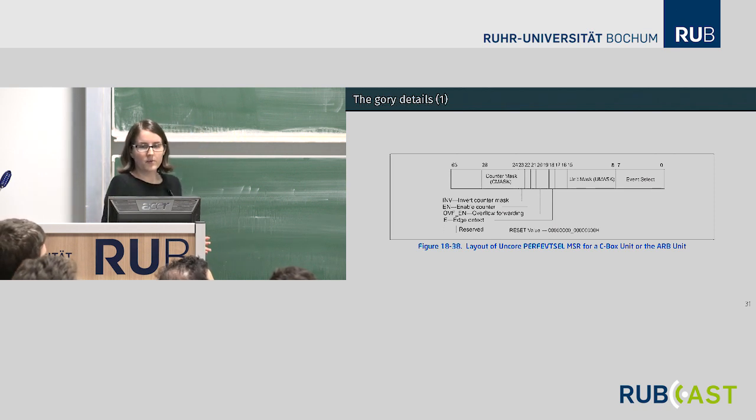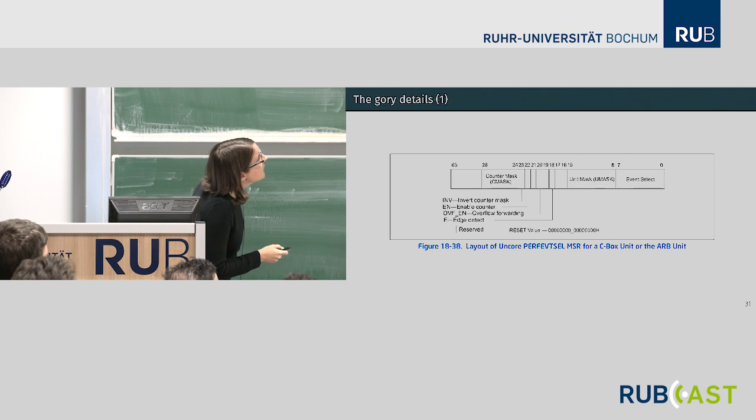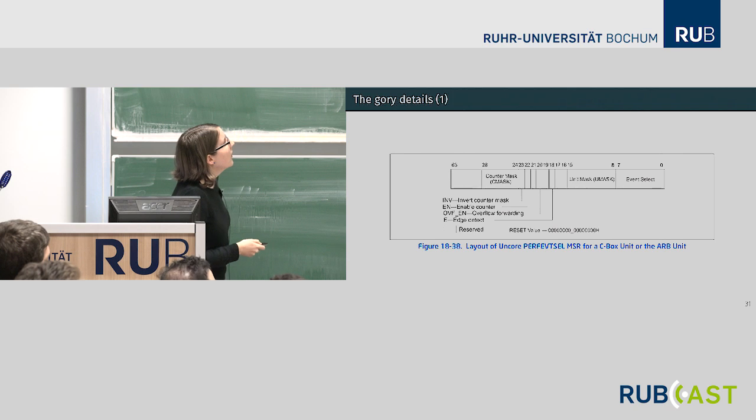Here's the layout of the model-specific registers that we use to select the precise event that we want. Basically, we're going to set this bit to enable the counter, and set these bits to select the precise event that we want.